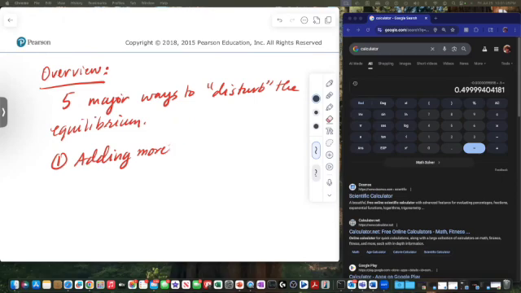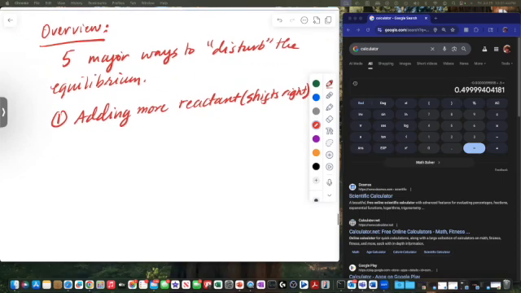And the system would rather you don't do anything, just chill. You add more reactants. So now we have excess reactants. When you add more reactant, what the system does is it shifts right. Okay, why does it shift right? It's trying to get rid of the excess reactant that was added. So the only way to respond is to react out all the extra reactants.